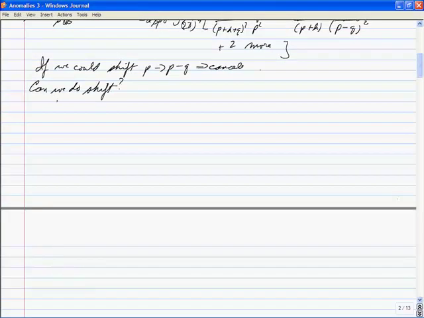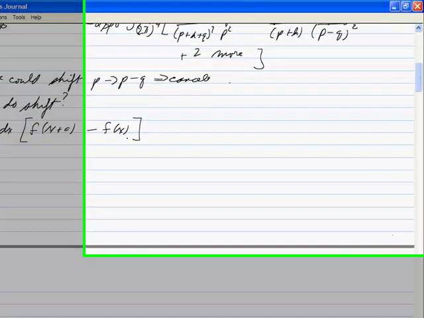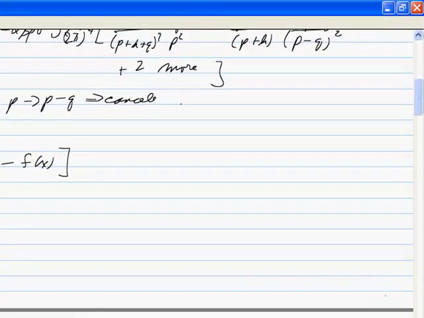Okay. If you have two functions, the integral from minus infinity to infinity dx of f of x plus a minus f of x. Normally, since you're integrating over all x, you just shift that and call that 0.